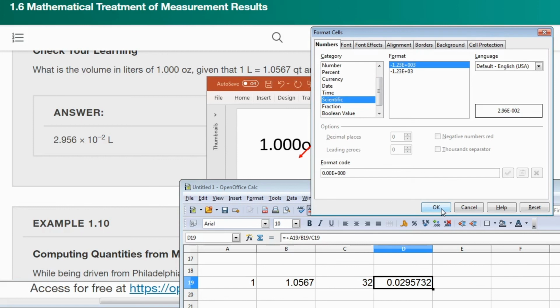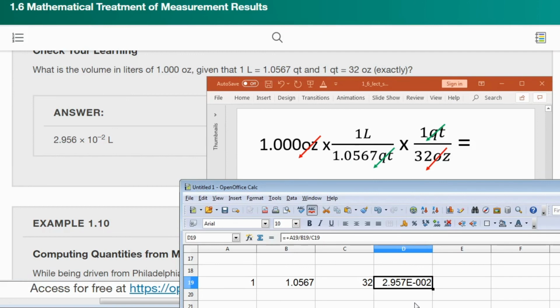And there's some subtlety here with the significant figures, and there's supposed to be 4 significant figures according to the way they did it, and I'll explain that in a little bit. So I'm setting it for 4 significant figures, and you can see the answer I got, 2.957 is the number I got here.